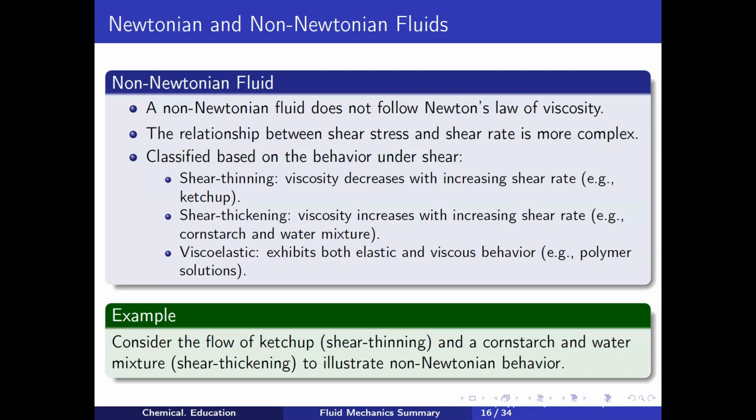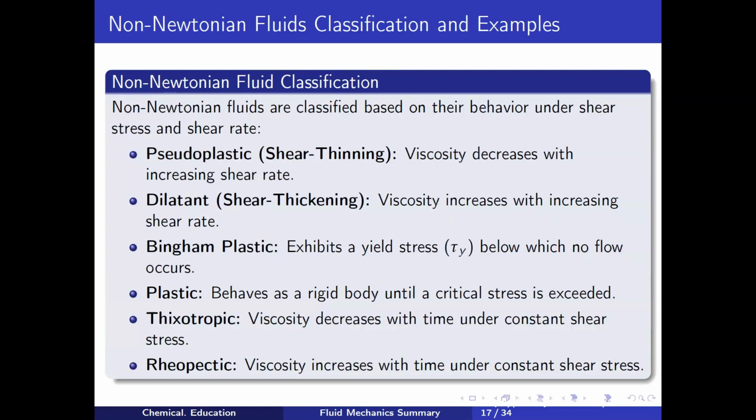Shear thickening, viscosity increases with increased shear rate, that is corn starch and water mixture. Viscoelastic, exhibits both elastic and viscous behavior, that is polymer solution. Now example: consider the flow of ketchup, that is shear thinning, and corn starch and water is shear thickening, to illustrate non-Newtonian behavior.